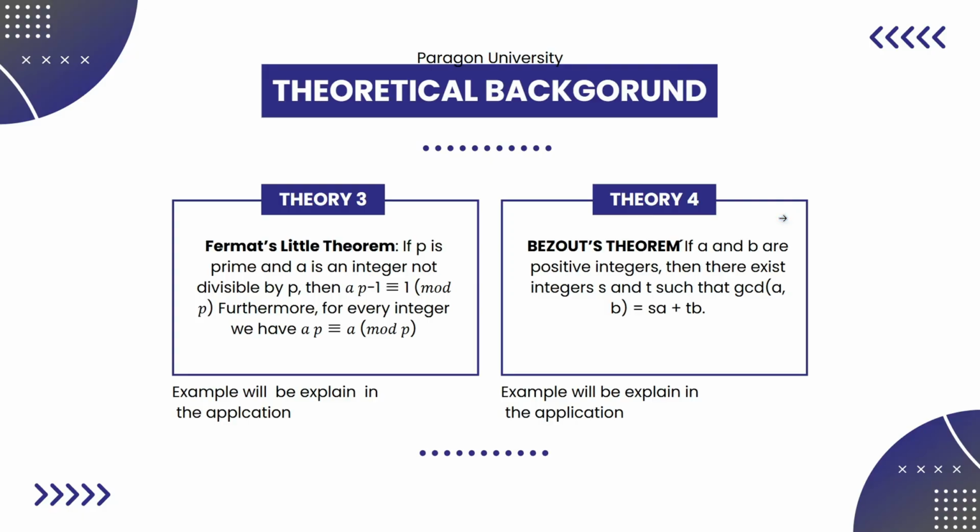So if a and b are positive integers, then there exist integers s and t such that GCD of a and b equals sa plus tb. So this is the form of it, and these two we will cover in the application because it's too long.